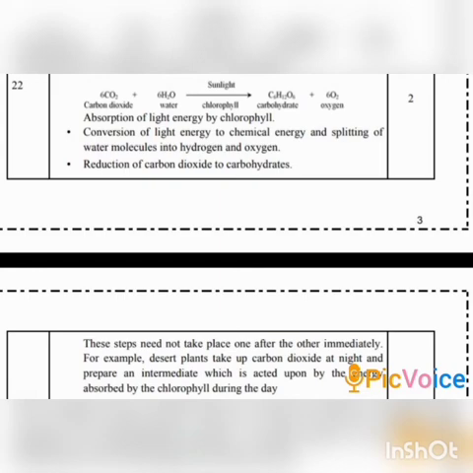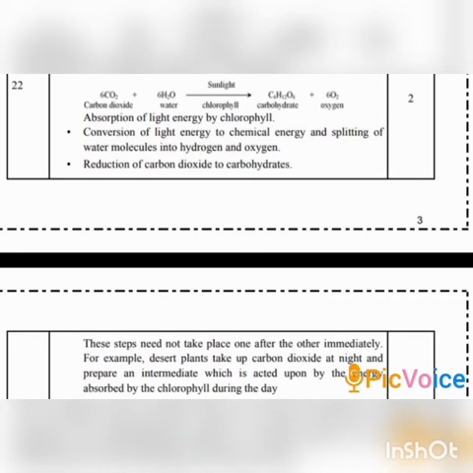And what are the main steps of photosynthesis? The main steps are the absorption of light energy by chlorophyll, conversion of light energy to chemical energy, and splitting of water molecules into hydrogen and oxygen, and reduction of carbon dioxide into carbohydrates.